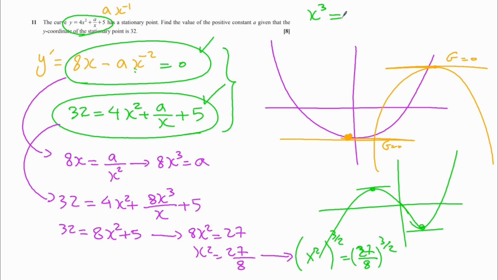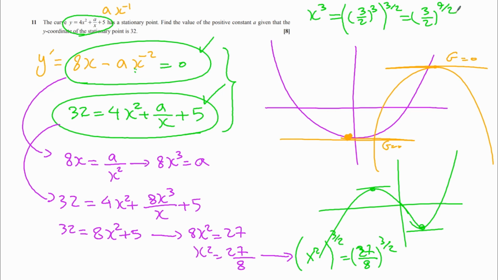Then I'm going to put in here, instead of 27 over 8, 3 over 2 to the power of 3, because that is 27 over 8, and all of that to the power of 3 over 2. So that would be 3 over 2 to the power of 9 over 2.